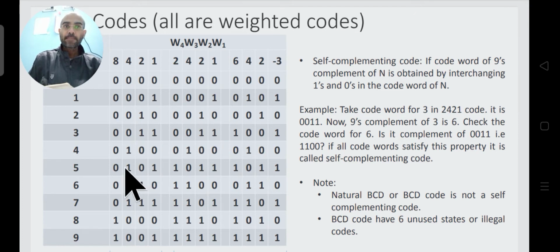Now let us see how to represent 5. So to represent 5, we will start again from the LSB side, not from the MSB side. Because the same word can be represented in this particular system in 2 ways, but one way will be wrong.